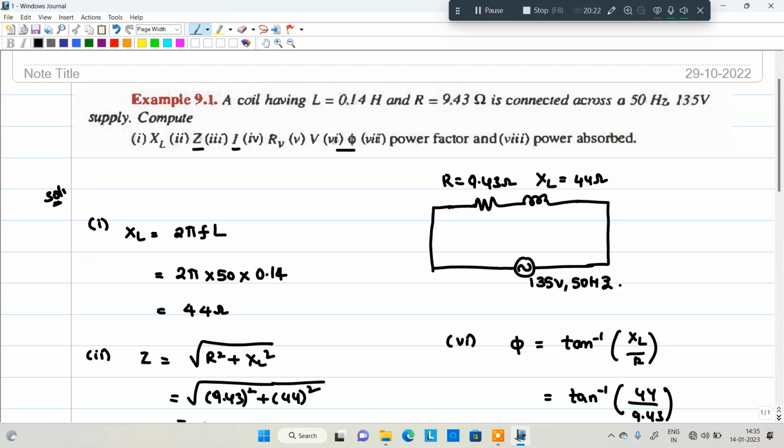Next we are moving to the quality factor. So next one, quality factor, Q factor, of a coil. For example, the coil here, inductor and resistor together, it is a coil.